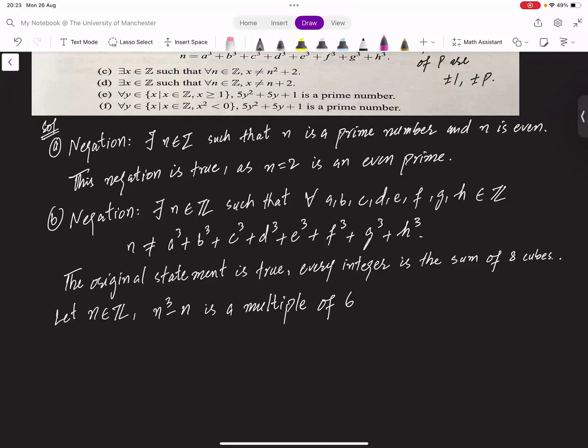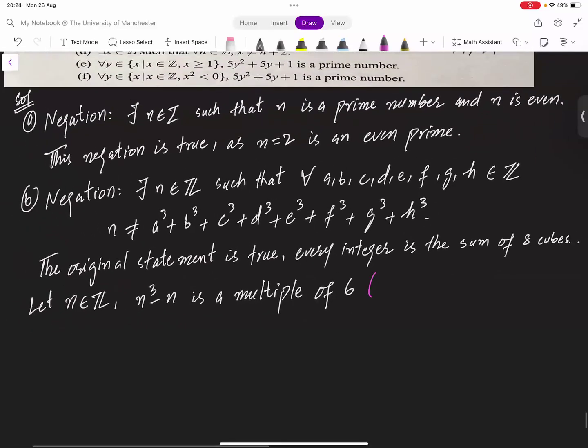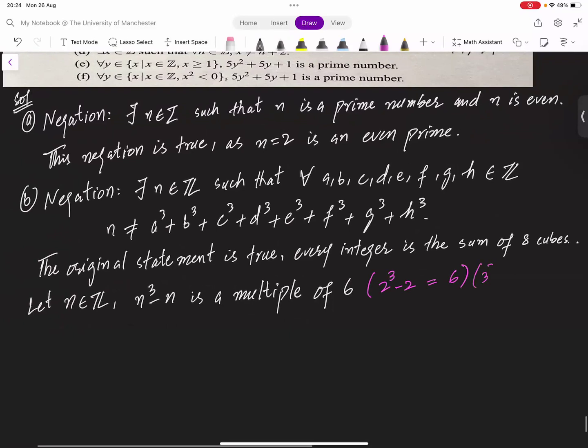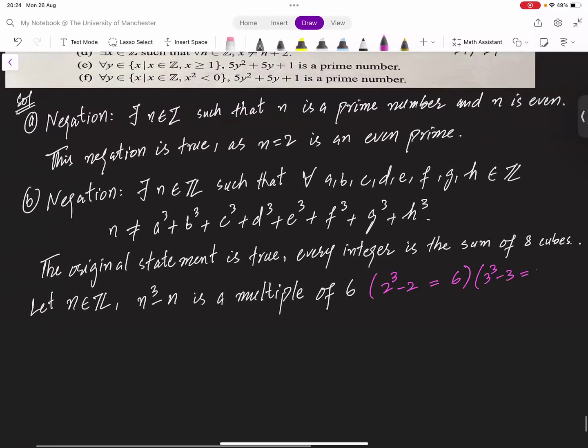So let me just try an example for this statement. Let's say we have 2 cube minus 2, and this is the simplest one. This answer is 6. And then 3 cube minus 3 is just 27 minus 3, that is 24. And so on.